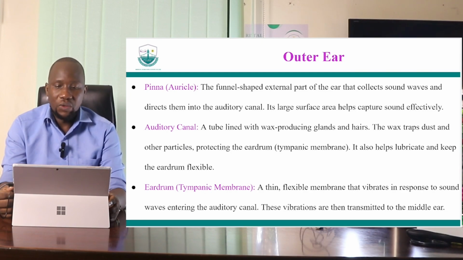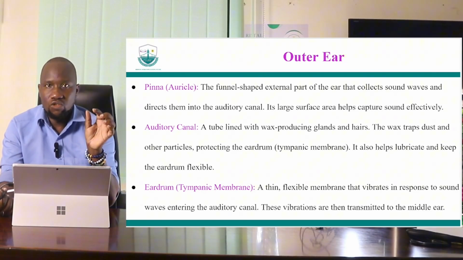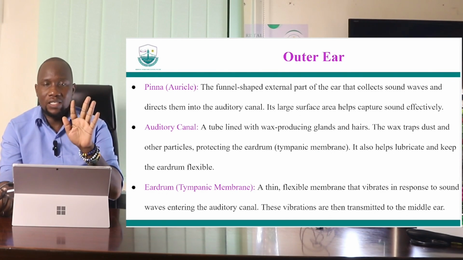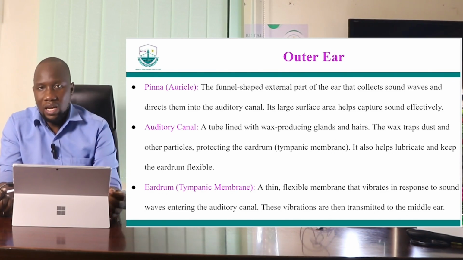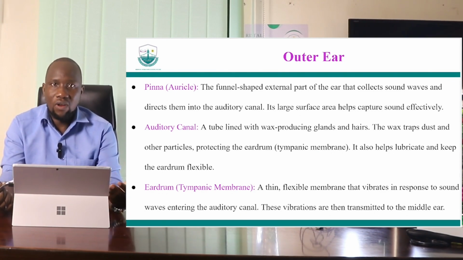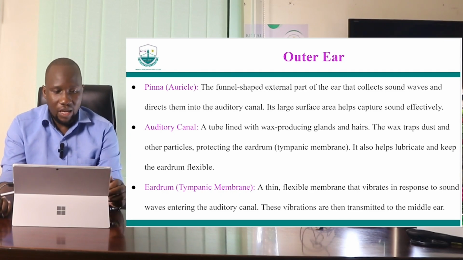So that is the auditory canal. And then it also kind of provides space, since the auditory canal is a tube, so it means there's space, and that space allows the eardrum to be flexible. And that's the other thing that you can note.